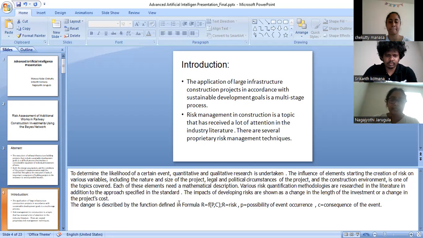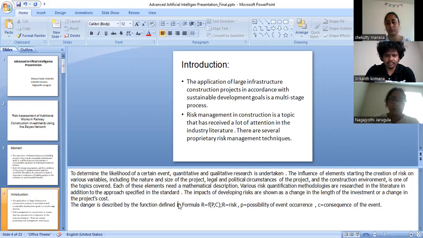Next one is the introduction. Risk management in construction is a topic that has received a lot of attention in the industry literature. The application of large infrastructure construction projects in accordance with the sustainable development goals is a multi-stage process.